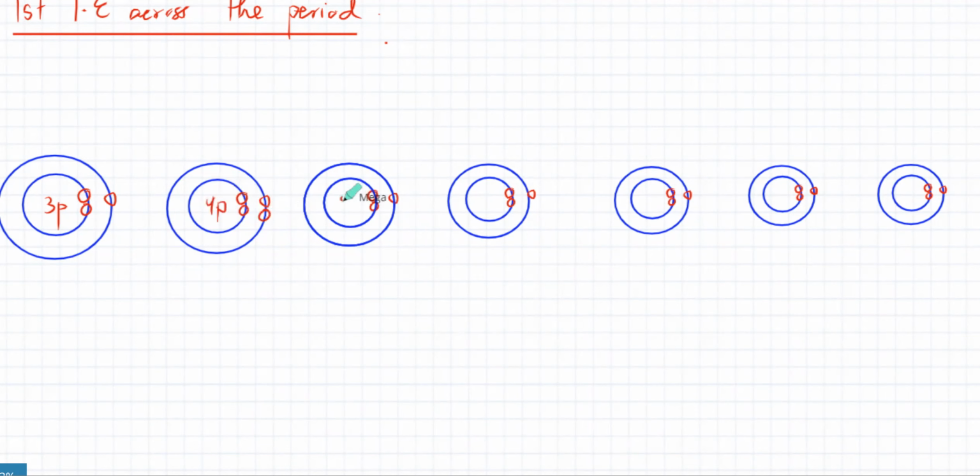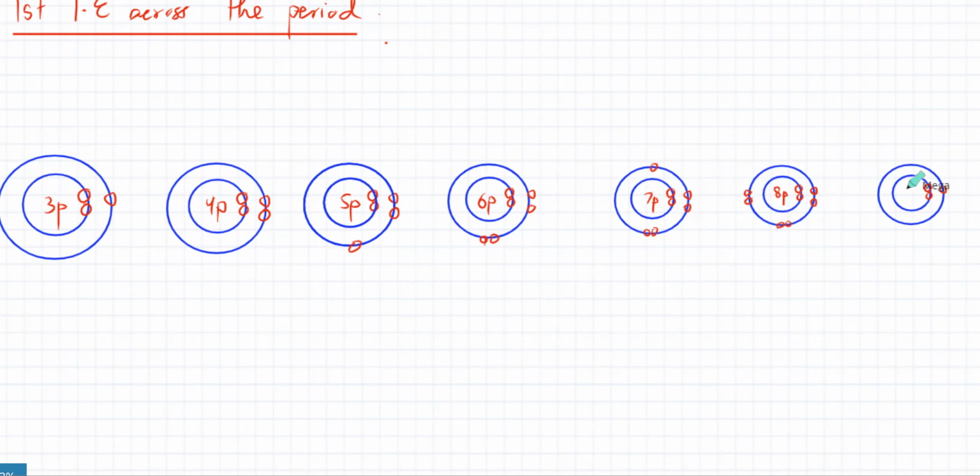Then boron with 5 protons and 5 electrons. Then 6 protons and 6 electrons, and 7 protons and 7 electrons, 8 protons, that's oxygen, with 2 and 6 electrons.